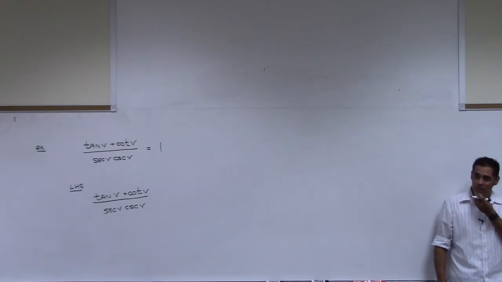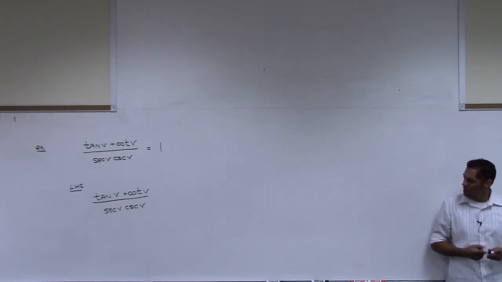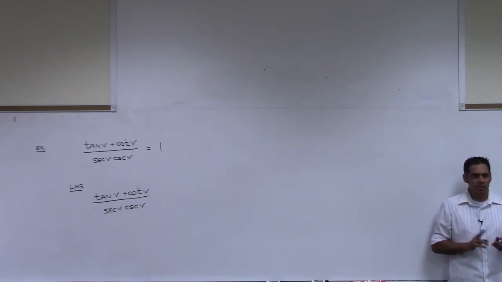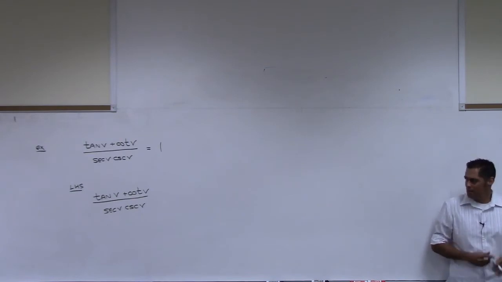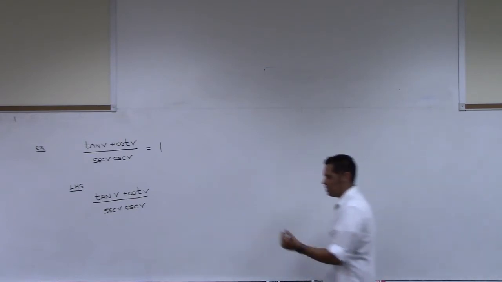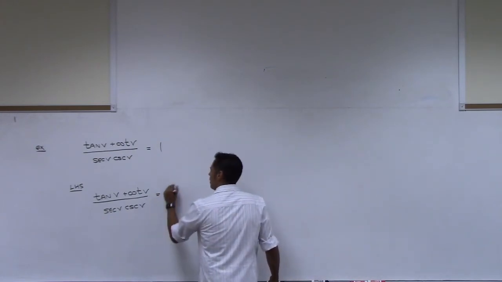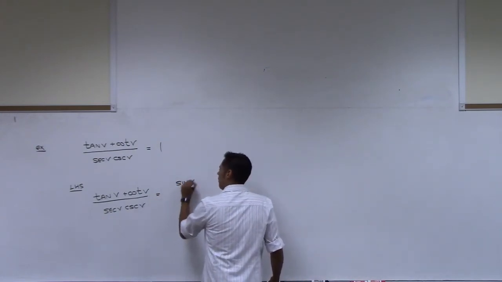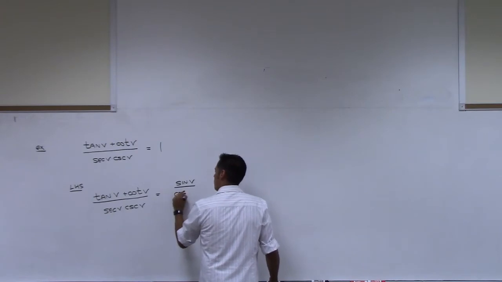We could take everything in terms of sine and cosine. This might be one of those problems where we want to just get everything in terms of sine and cosine. So you start eliminating things: you don't see difference of squares, you don't see Pythagorean identities. Let's just go for it. I mean, what's the worst that could happen? We crumble up the piece of paper, we start over, we change our major.